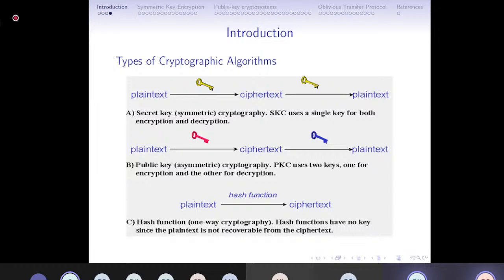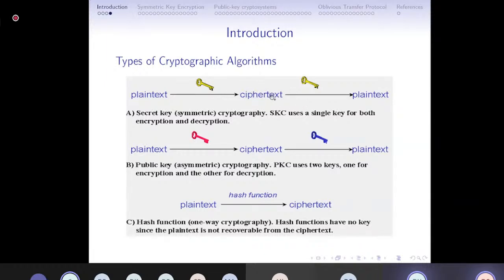As I have already mentioned, a symmetric key crypto system simply works on the same key. That means suppose that we have a plain text, and in order to encrypt that plain text, we use the same key and convert it into the ciphertext.